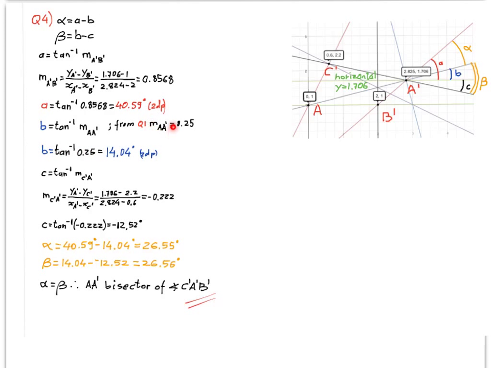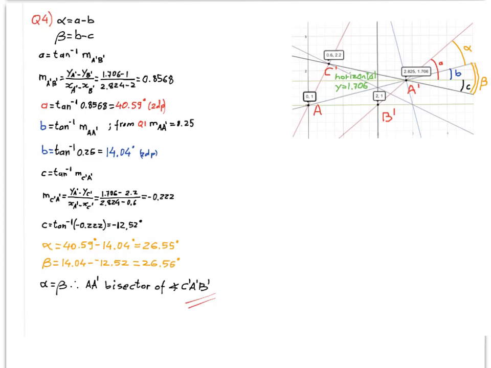I already know that the gradient of AA prime from question 1 is 0.25, 1 over 4. So the inverse tangent, tan to the minus 1 of 0.25, is going to be 14.04 degrees to 2 decimal places.